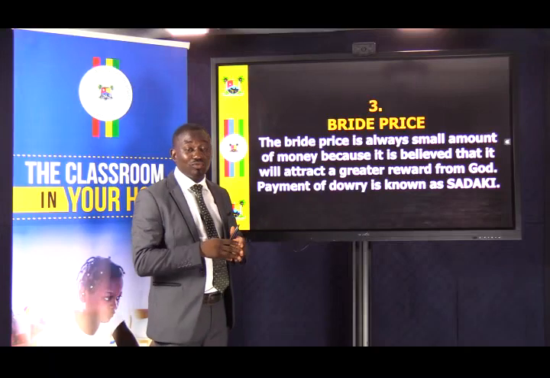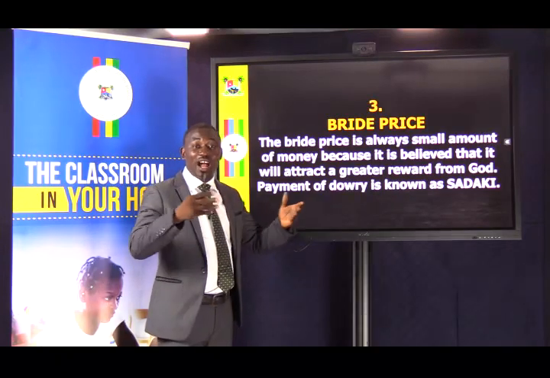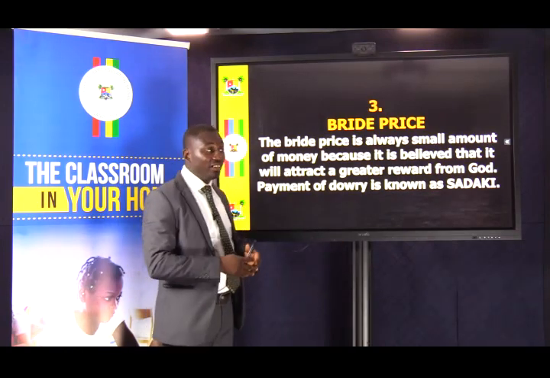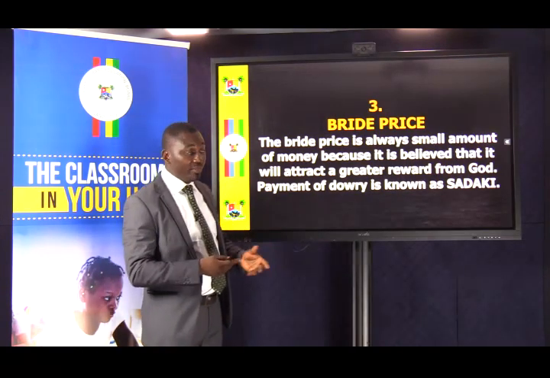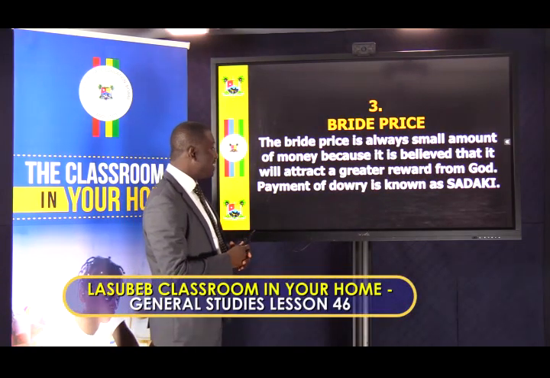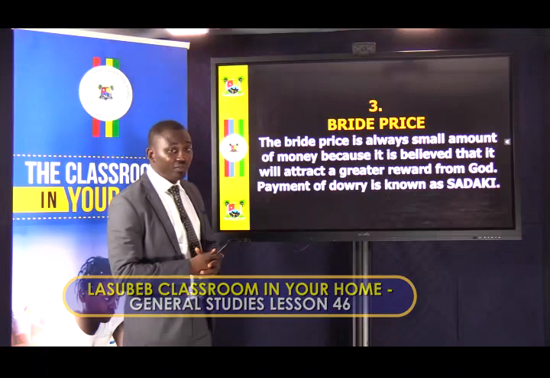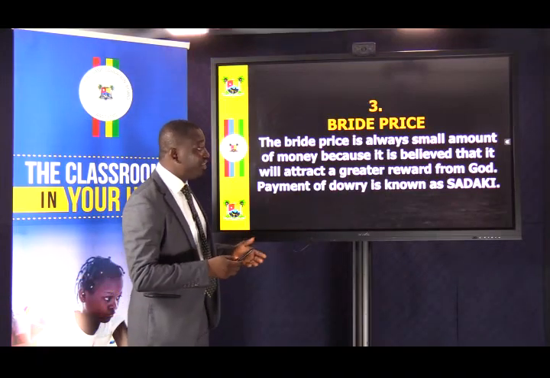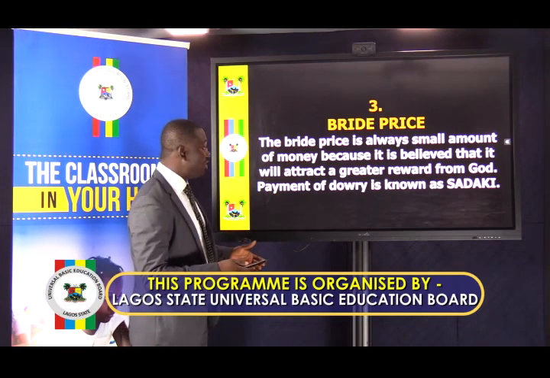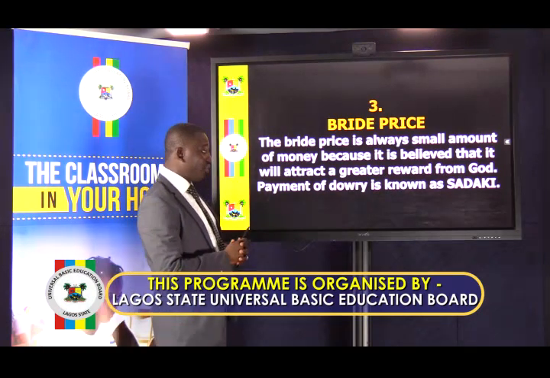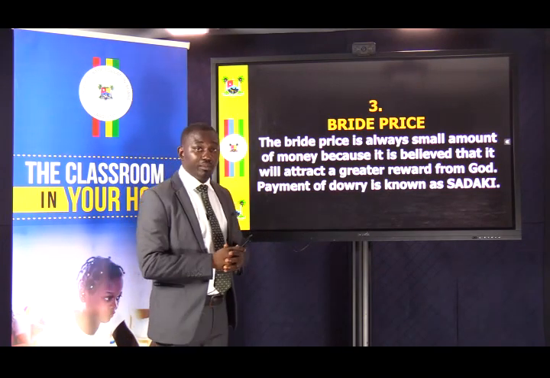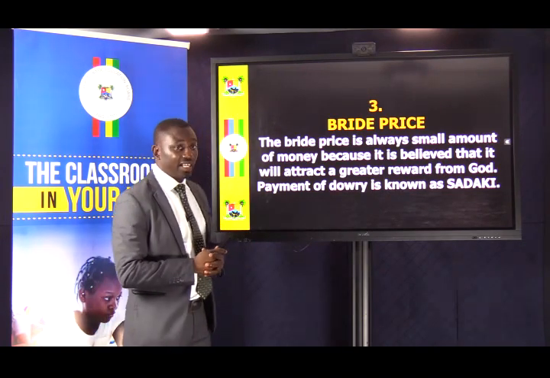They don't necessarily have to have asoebi or headgears, or caps for the men. The bride price is always very small, and it is believed that it will attract a greater reward from God. They believe that if they collect a small amount of money from the groom's family, there will be a greater reward from God. The payment of the dowry by the groom is known as sadaki.